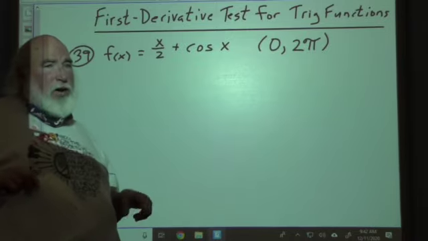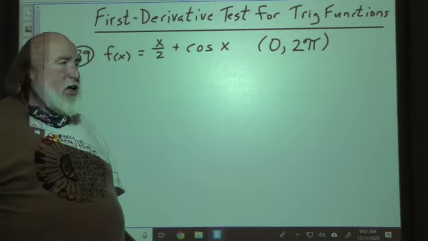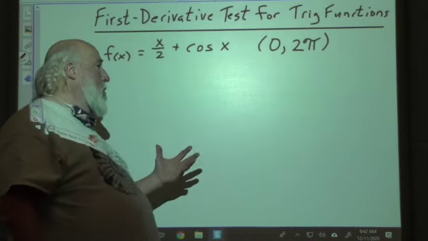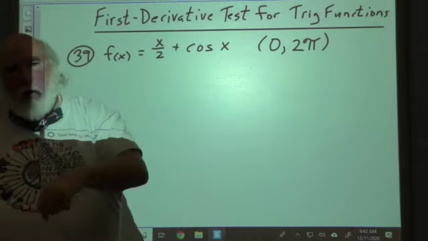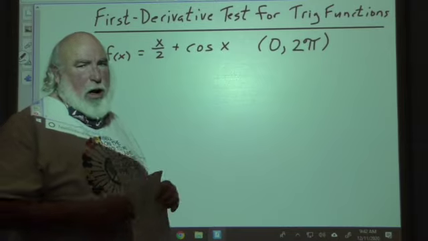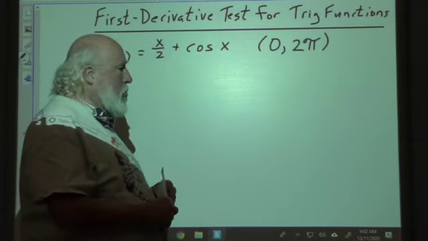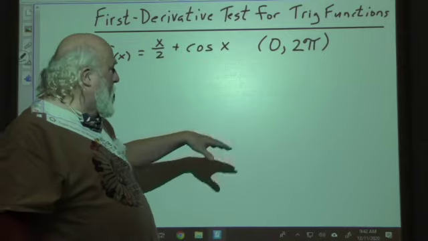But one big difference is that instead of going from negative infinity to positive infinity, now you are dealing with a periodic function, the same thing over and over and over again. Which means that we have to restrict our interval to something other than infinity.